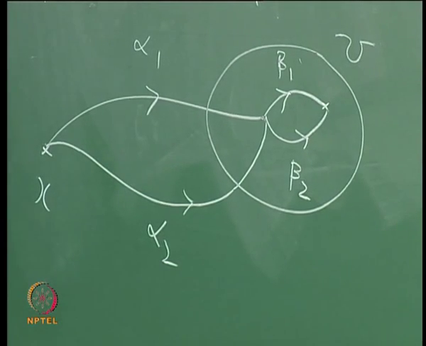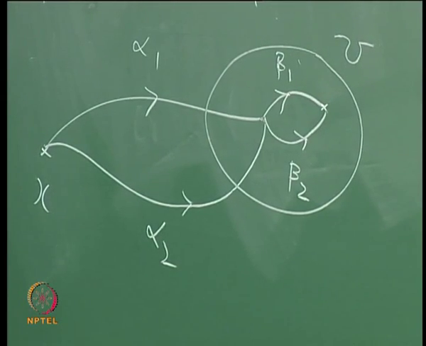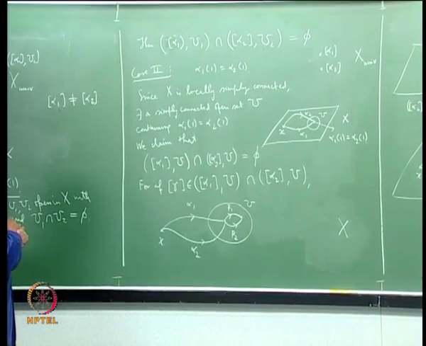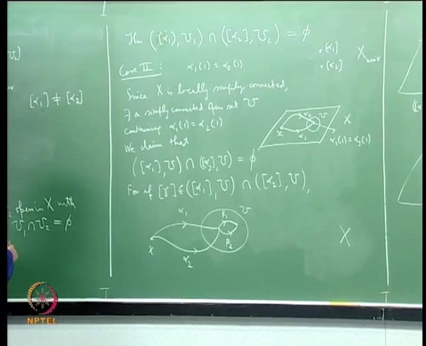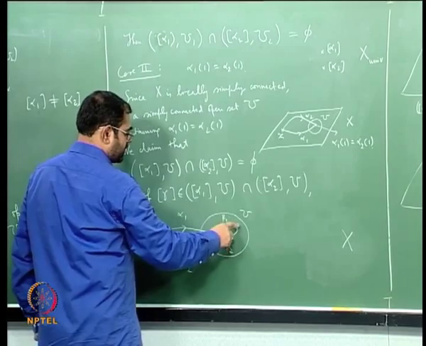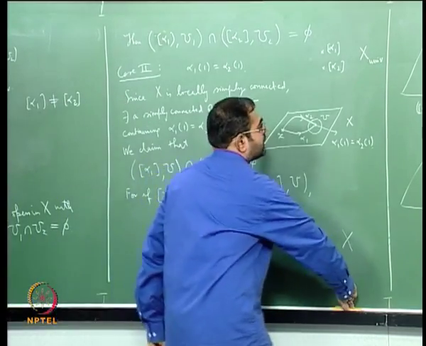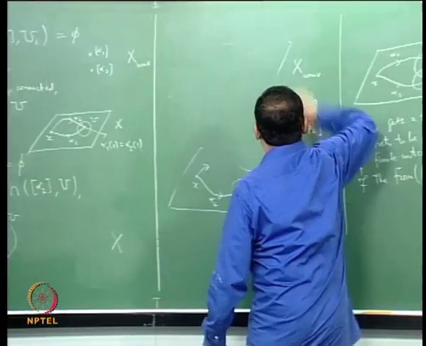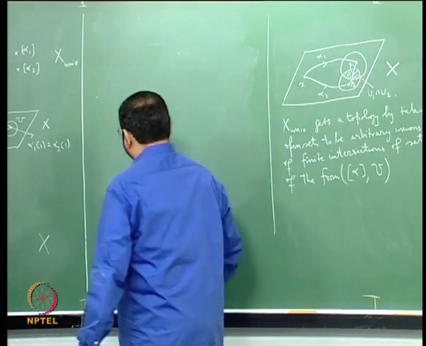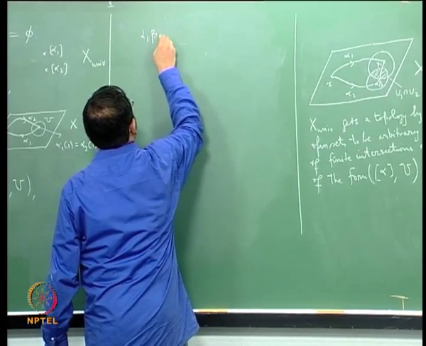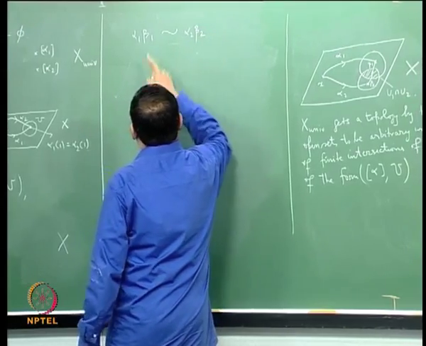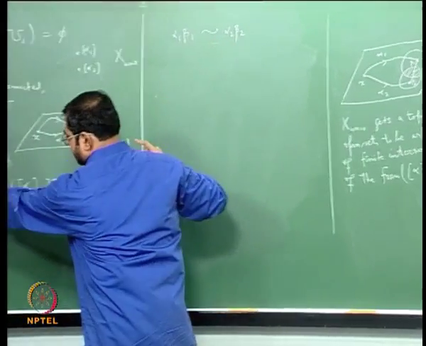So let me see whether I can write that down easily. All I have to do is, so alpha 1 followed by beta 1 is homotopic to alpha 2 followed by beta 2. So let me write that down. Alpha 1 followed by beta 1 is homotopic to alpha 2 followed by beta 2, and this homotopy class we are calling gamma, okay.